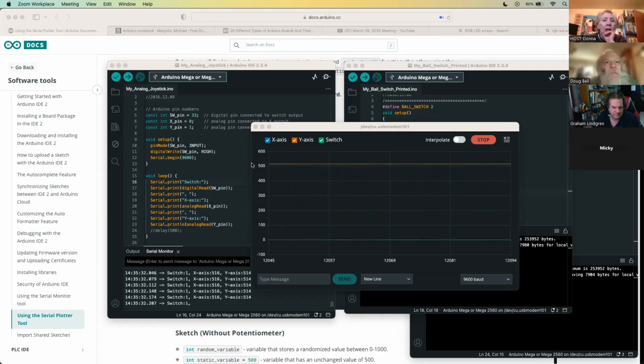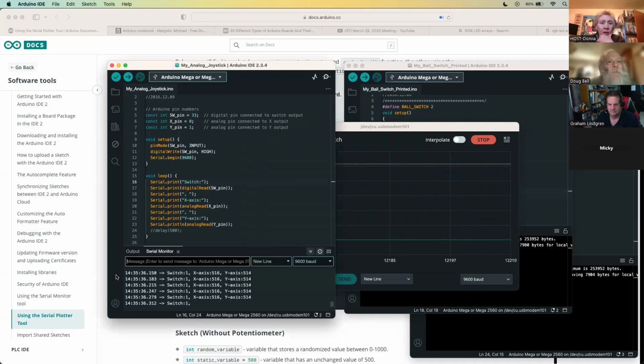Okay, cool. I'm not familiar, so forgive my ignorance here, Doug. But could you educate us, or at least me, as to whether this serial plotter that you're talking about is something that's automatically included with the IDE, this newer version of the IDE?